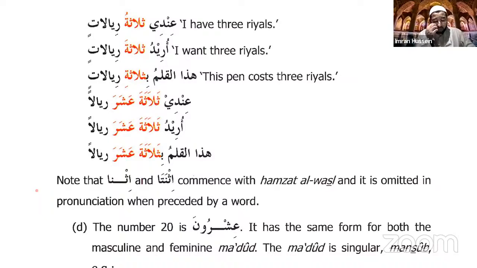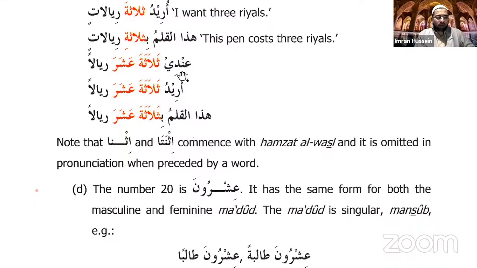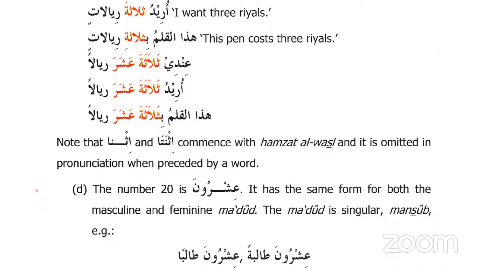Hadha al-qalam bi thalathati riyalat, because of the harf jarr, thalathati is changed. Now do this please, the last three, Sister Kulsum, and you'll see the difference. Indi thalatha ashara riyalan, I have 13 riyals. Uridu thalathata ashara riyalan.